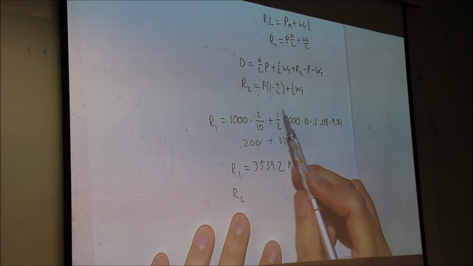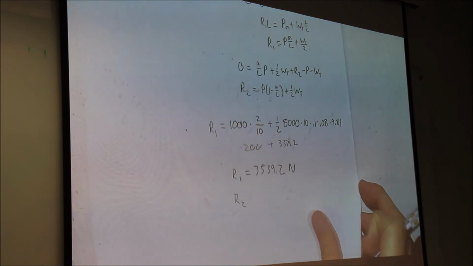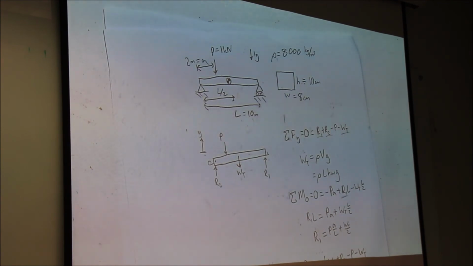All you have to do is take this and subtract R1 and P, I guess. But yeah, cool. This example is very similar to what you'd see in introductory vehicle dynamics. It's a very similar case to finding the weight distribution of a car, which is why I chose it.